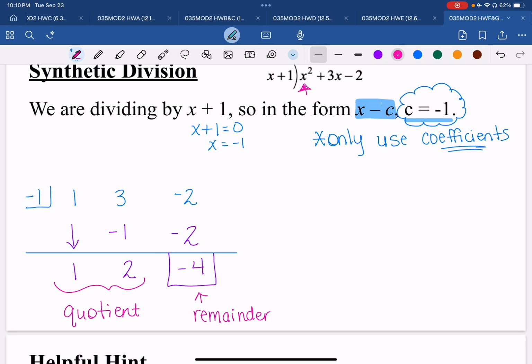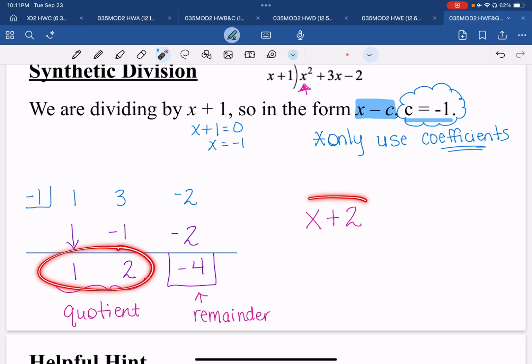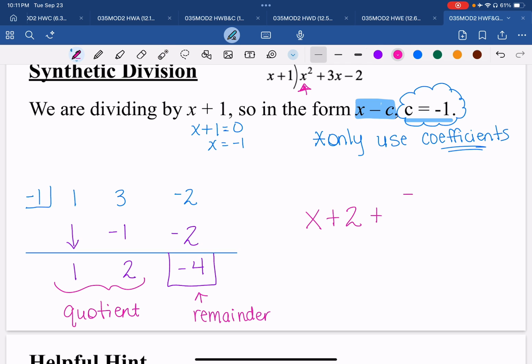So if the coefficients of my quotient are 1 and 2, and I started with x squared, then it's going to be 1x plus 2. Those came straight from there. The negative 4 is my remainder, so I'm going to do plus the negative 4 over x plus 1.